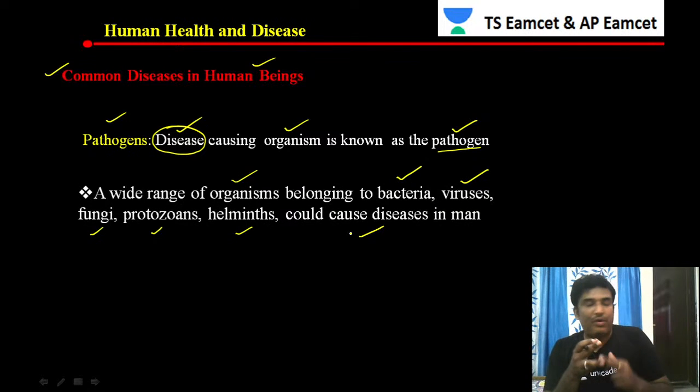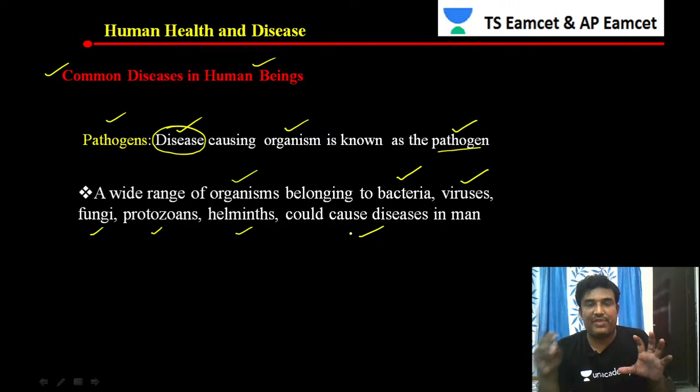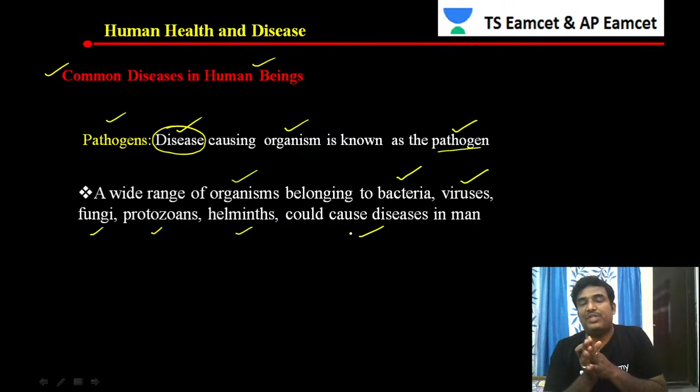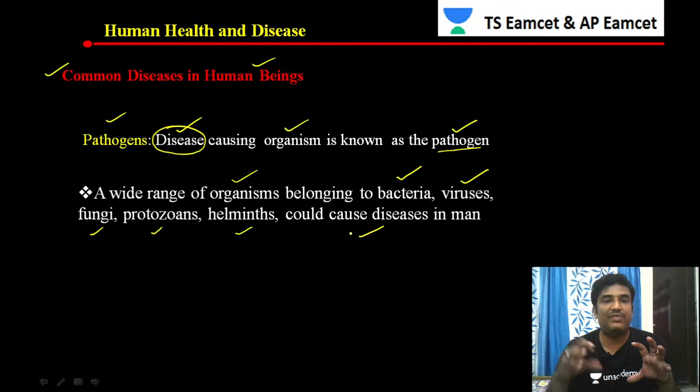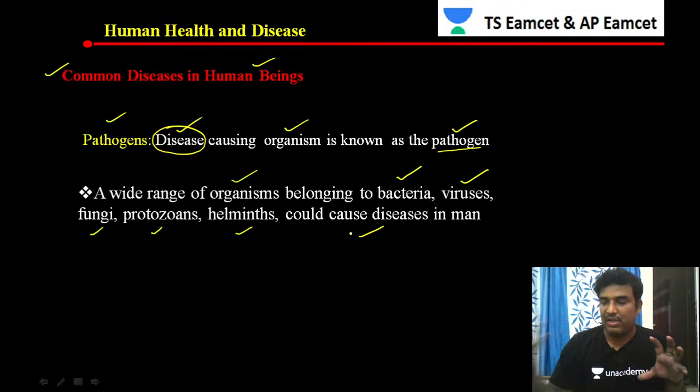So what is a pathogen? A pathogen is a microorganism, an organism which causes a disease. Then what are the sources of these pathogens? The wide range of organisms includes bacteria, which can act as a pathogen, and virus, which can act as a pathogen.